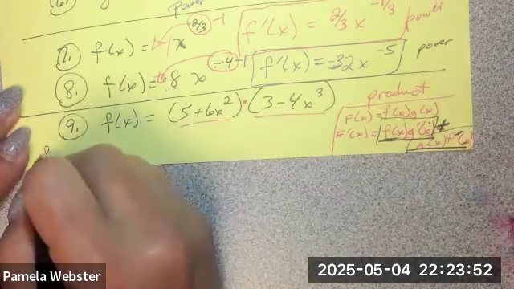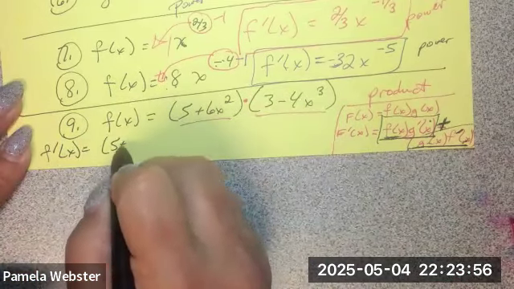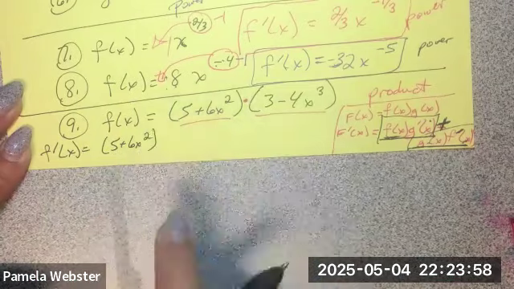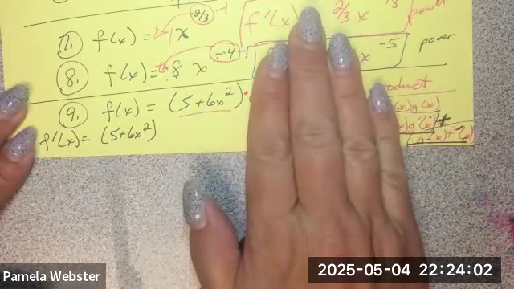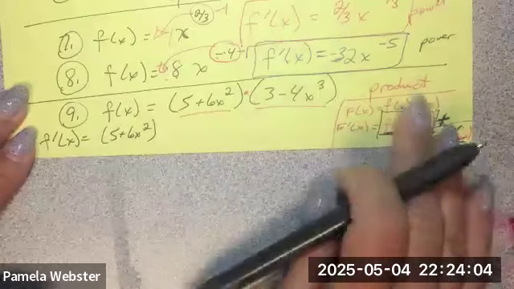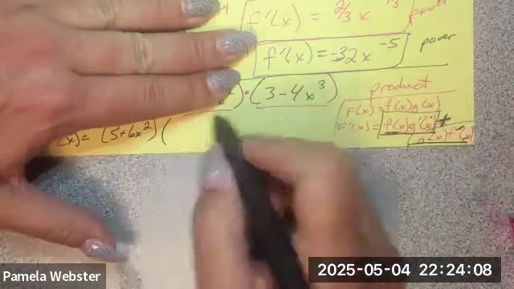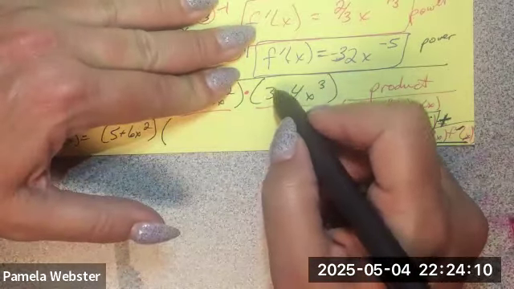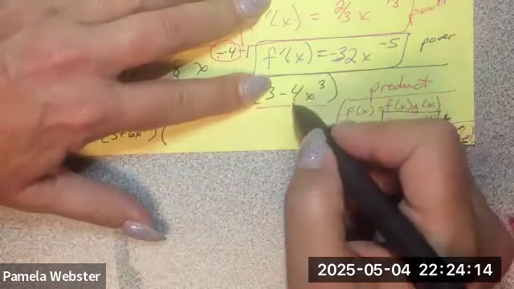So let's see. F prime of x equals the first guy, just the way he is, just rewrite him. Write that piece just exactly like it is. If you need to, cover up that second guy. Okay. Times the derivative of the second guy. Be careful about this. What's the derivative of 3? 0. What's the derivative of this guy?